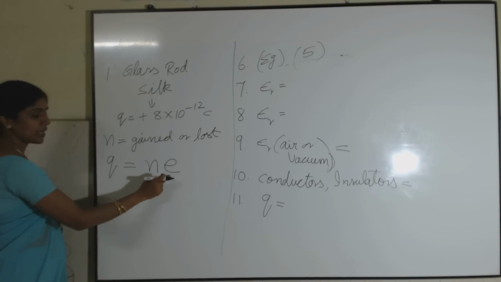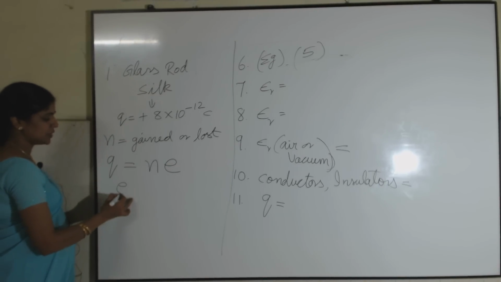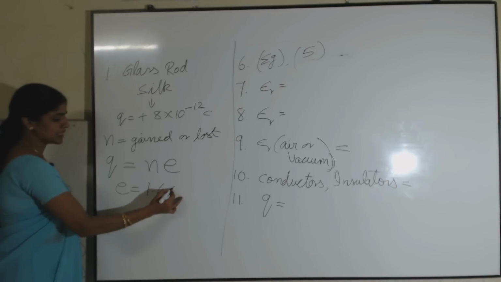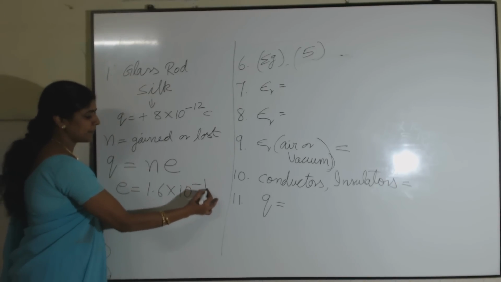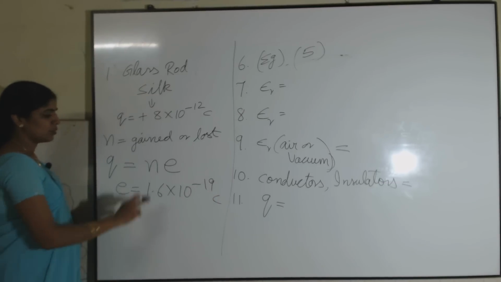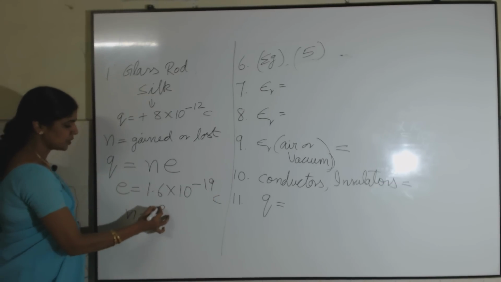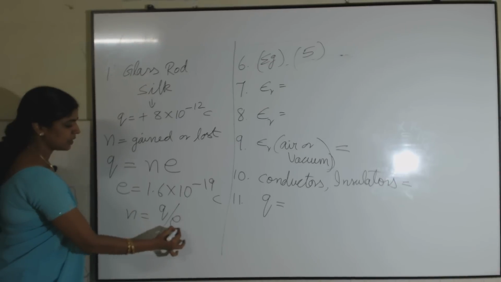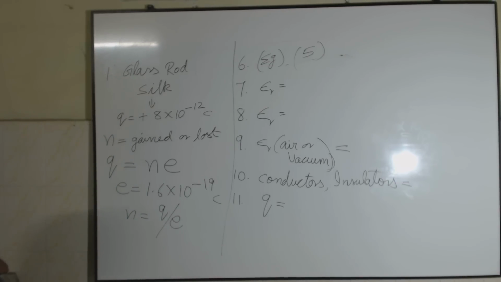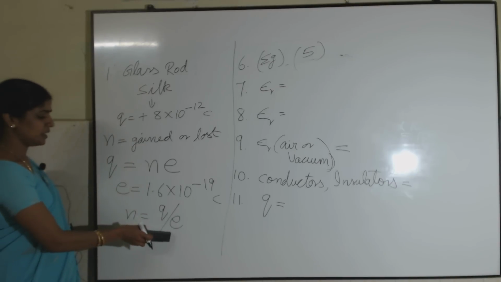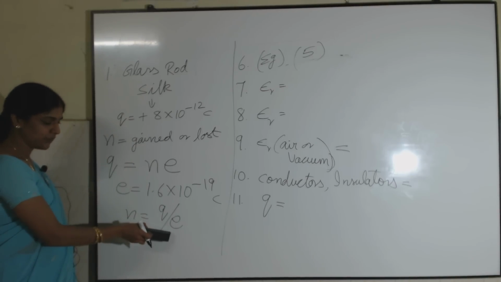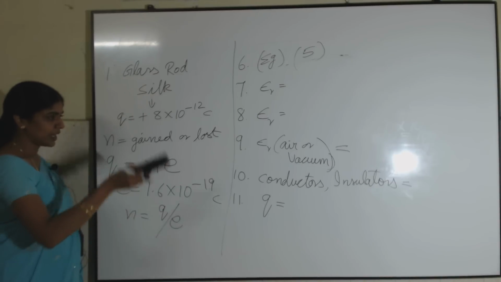What is the value of e? e is equal to 1.6 into 10 power minus 19 coulomb. You want to find out what is the n. n equal to Q by e. Can you solve it? Q value is given, e value is also given. Substitute these 2 values, solve it, and you write the answer.